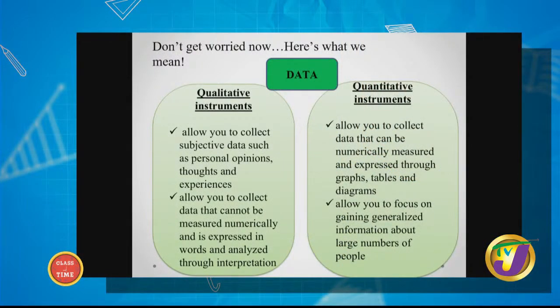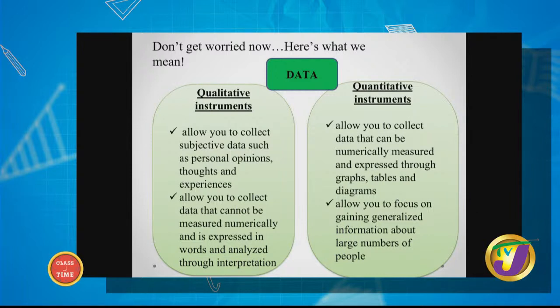And so when you think of data and collecting data, and the fact that in conducting research you may need to collect your own data, you may choose to use what we classify as qualitative instruments. These refer to simple instruments such as interviews, observation, focus groups, and all of these instruments allow you to collect what we like to classify as subjective data.